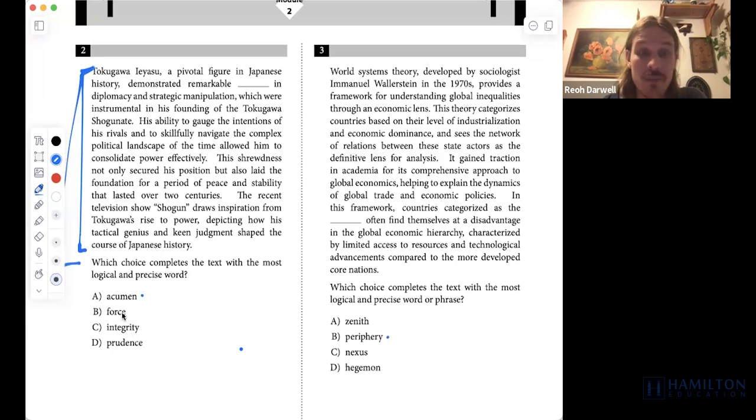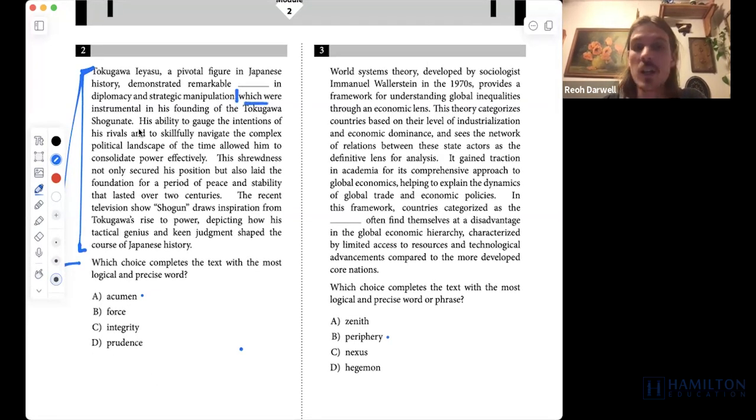You can display a lot of force in diplomacy and strategic manipulation. You can even display prudence in diplomacy and strategic manipulation. But you can also display or demonstrate acumen in diplomacy and strategic manipulation. Okay, so all of these work up till here.